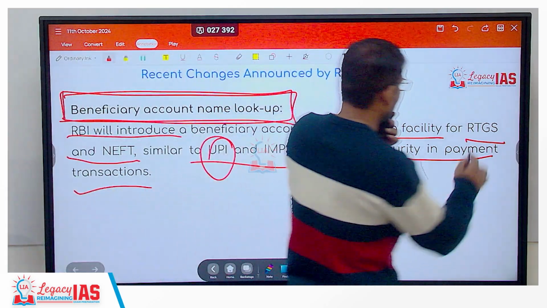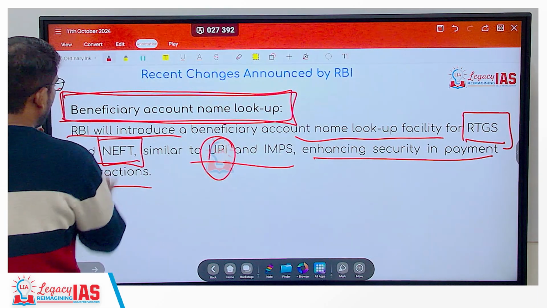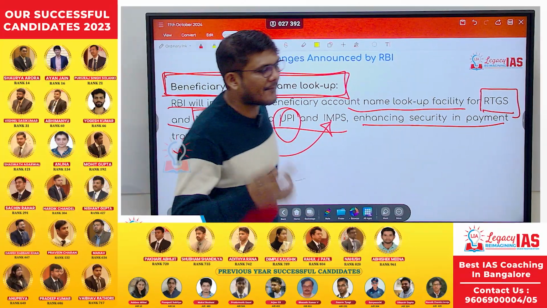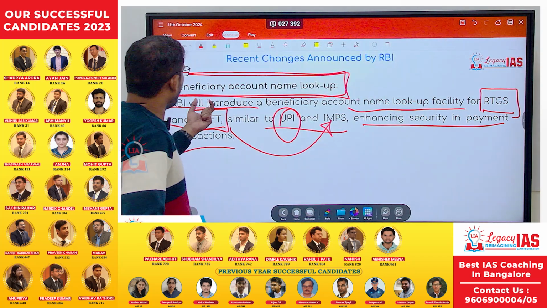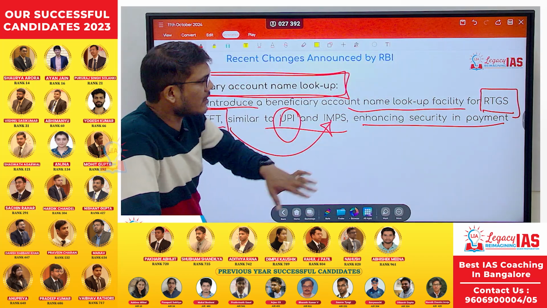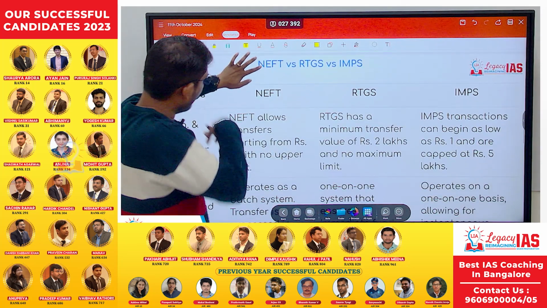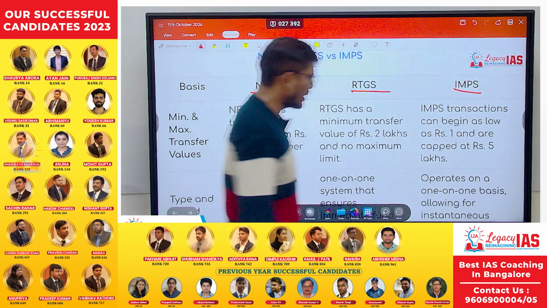Now we need to understand what are these RTGS, NEFT, and there is another, IMPS. So these are the three types of payment settlement system that are there. So before we look into the differences of UPI 123 and Lite, first let us look at the differences in this settlement system. Okay, NEFT, RTGS and IMPS.